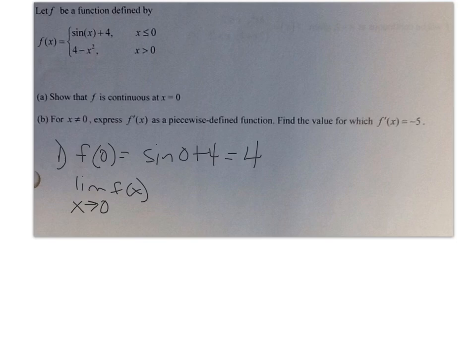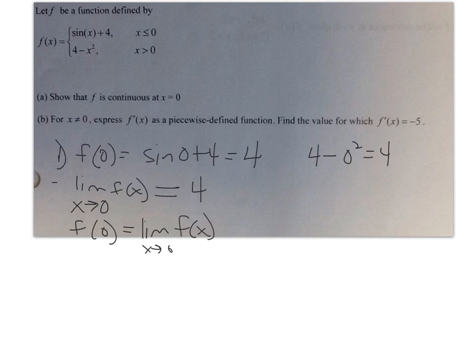So I'm going to plug 0 into the other piece to see if it's going to the same value. 4 minus 0 squared does also equal 4, so that means the overall limit of the function is equal to 4. And now I can see that f of 0 equals the limit as x approaches 0 of f of x. So there's your 3 parts to your definition of continuity. It did say show that the function is continuous. It didn't ask me is the function continuous, so this satisfies that answer for part A.